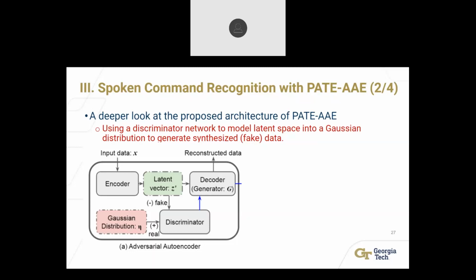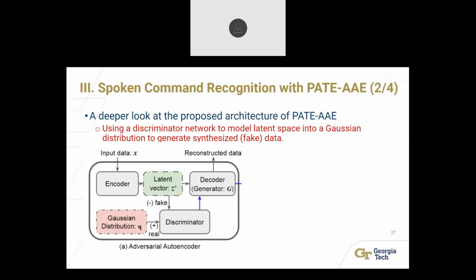In the adversarial autoencoder, we sample a random vector from the Gaussian. Then each time, a discriminator finds out whether the vector is the latent vector from your original autoencoder, or it is the real Gaussian.